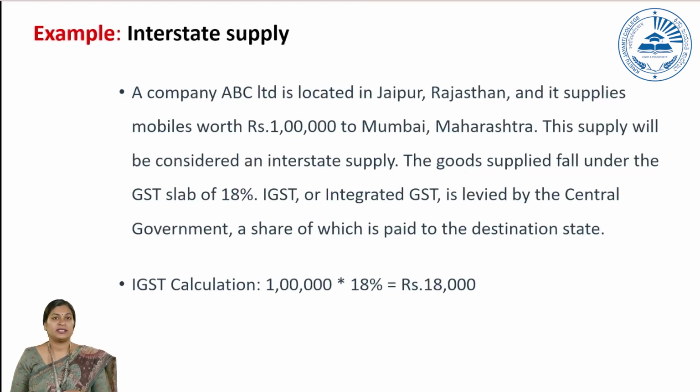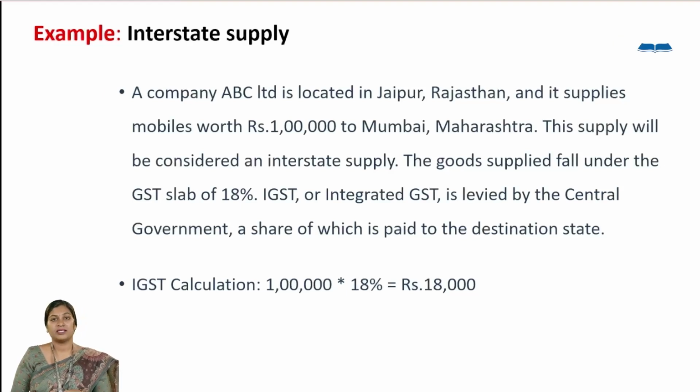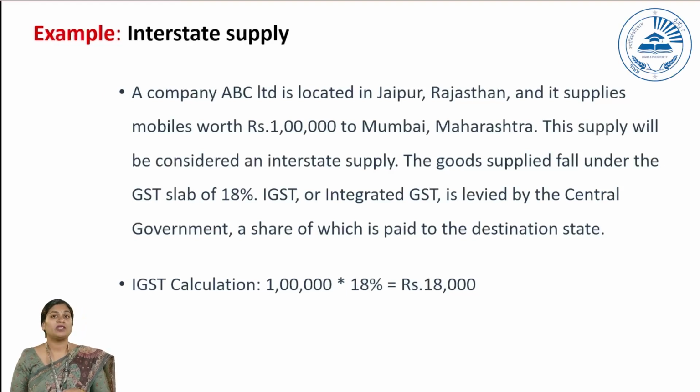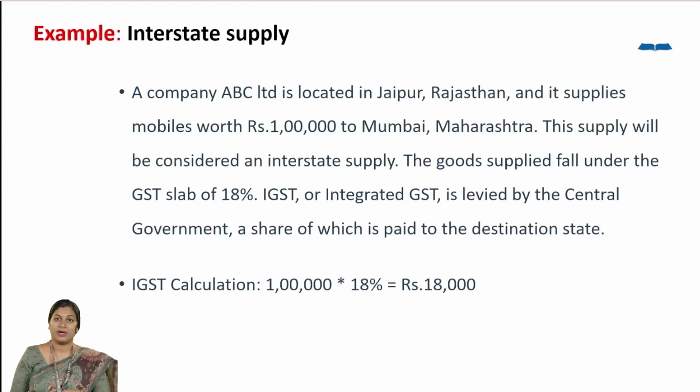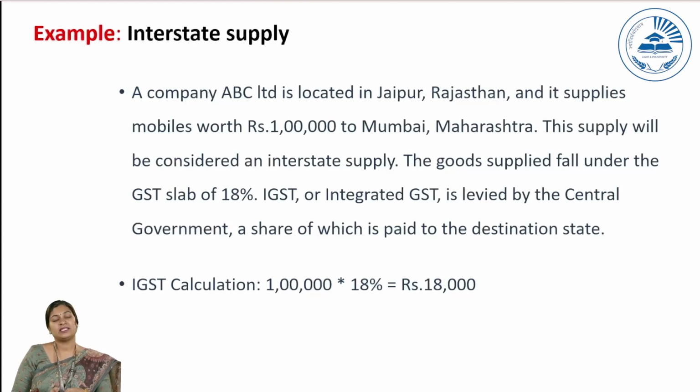Moving to interstate supply. Here you can see a company, ABC Limited, located in Jaipur, Rajasthan, supplies mobiles worth rupees 1 lakh to Mumbai, Maharashtra. So this is a transaction between two states. One is from Jaipur and the other one is from Mumbai. So in this case it will be considered an interstate supply.